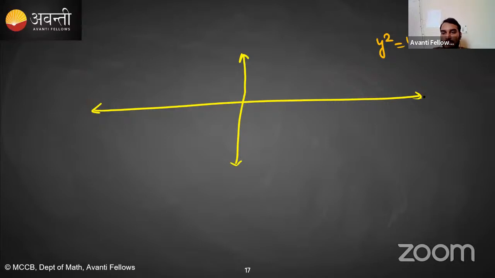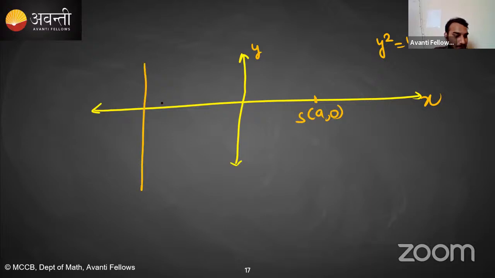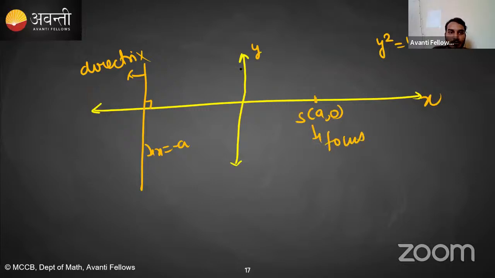This is the x-axis, this is the y-axis. This point (a, 0) is the focus. And this line, x equal to minus a, is called the directrix. Clear, everyone? Directrix. This is the focus.